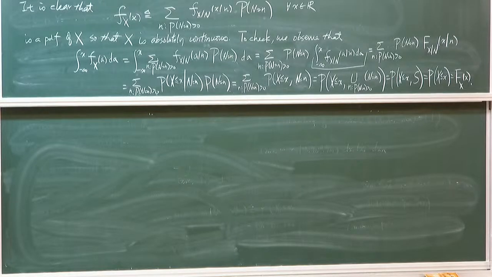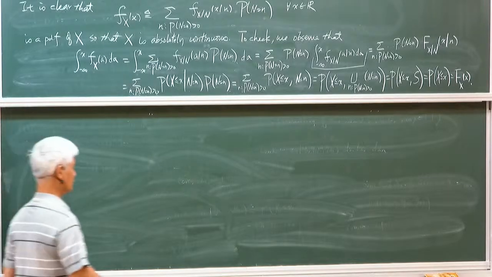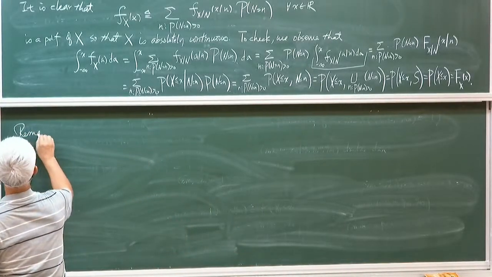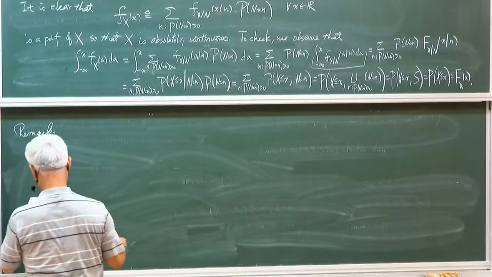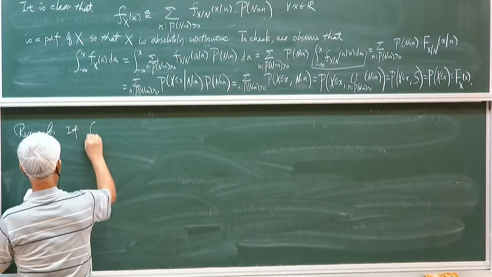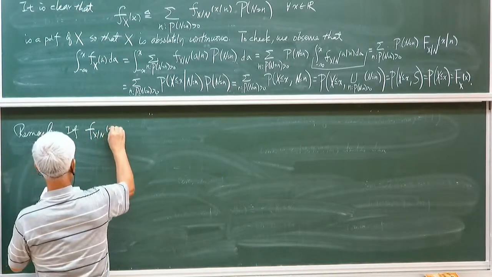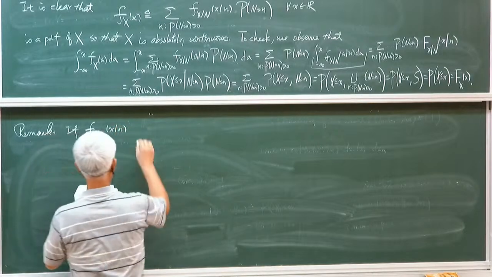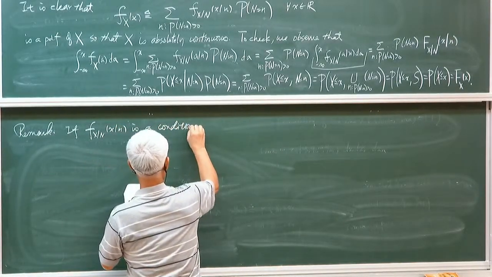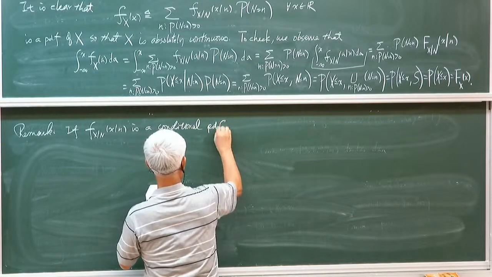So once the conditional PDF satisfies this identity for every interval, okay, for every interval, it's a conditional PDF.